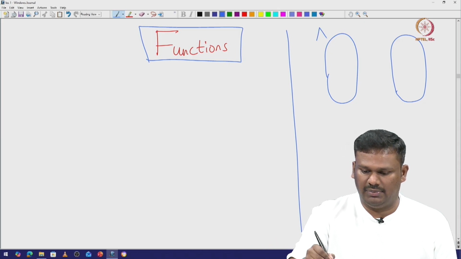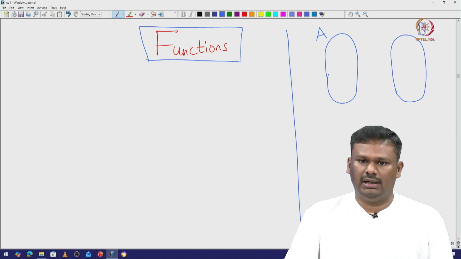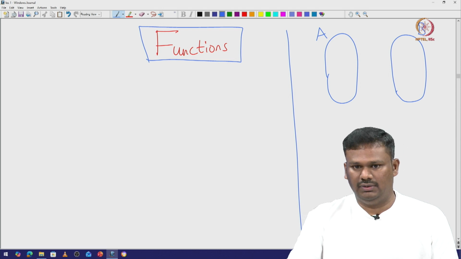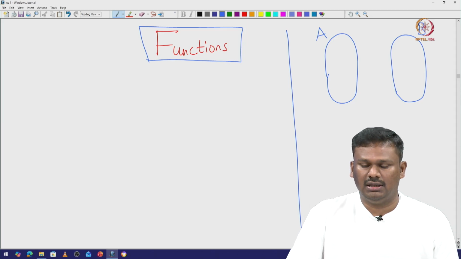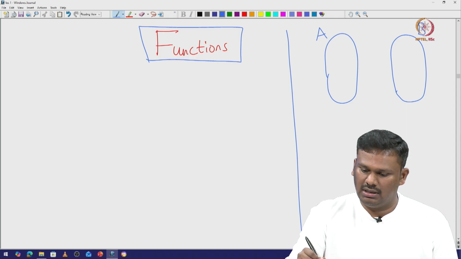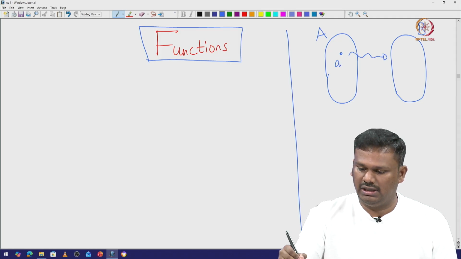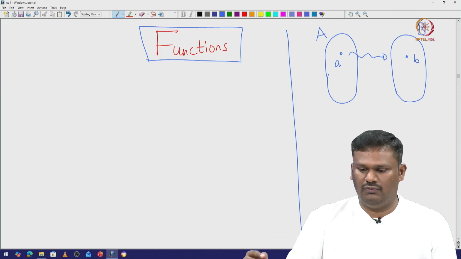So, let us say capital A and capital B are two given non-empty sets, and we want to define a function, which is indeed a relation between elements of A and elements of B with a certain rule. So, what is the rule? Given an element of A, we want to associate some element of B. But if I want it to be a function, then we demand that there exists at most one element that we will associate.